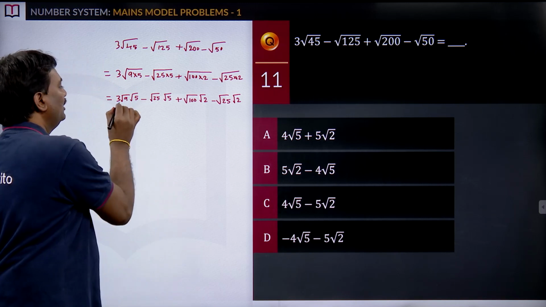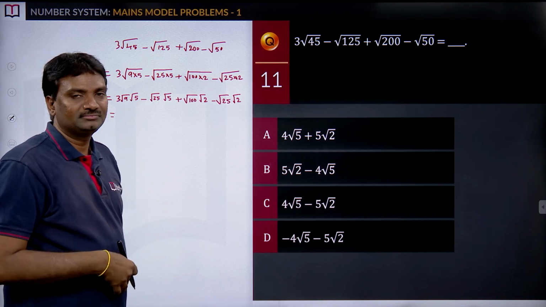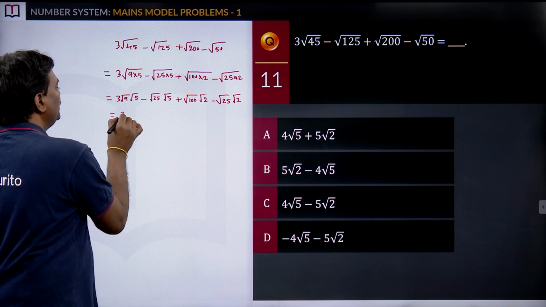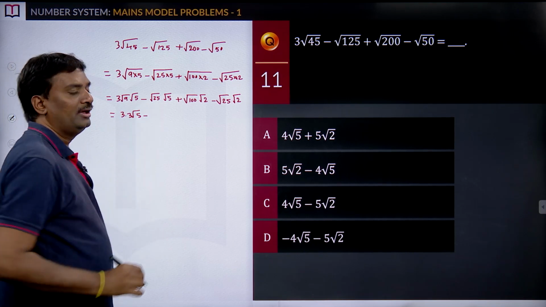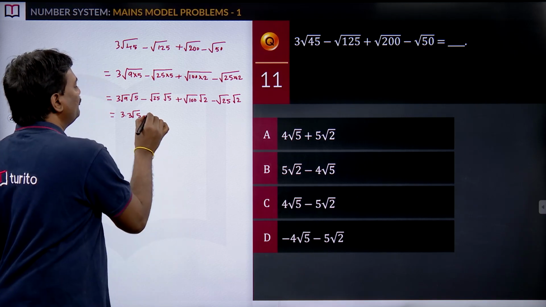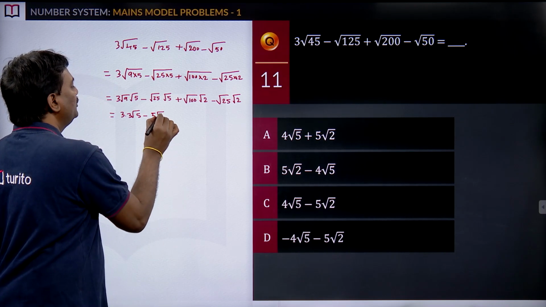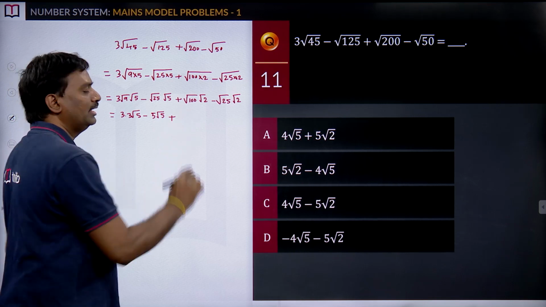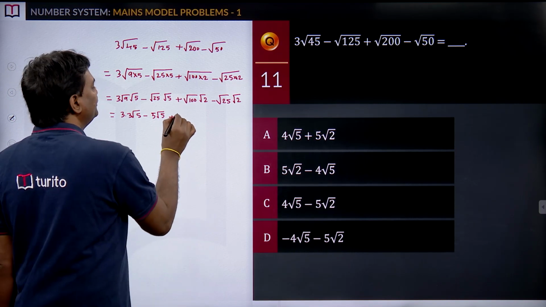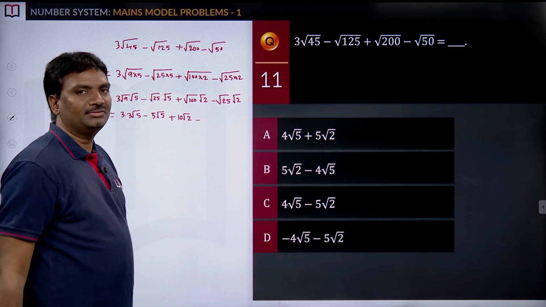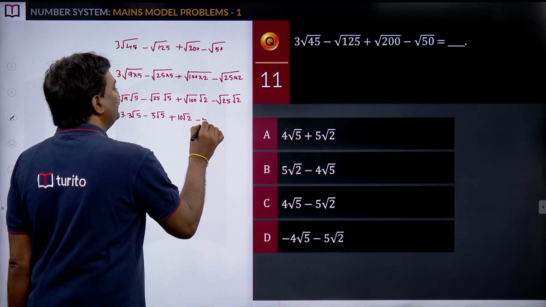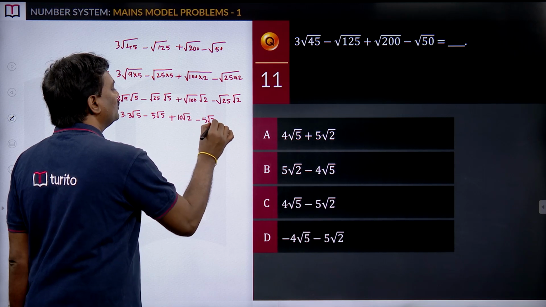So, from this where root 9 is 3, 3 into 3 root 5 minus where root 25 is 5, 5 into root 5 plus where root 100 is 10, 10 into root 2 minus root 25 is 5 into root 2.